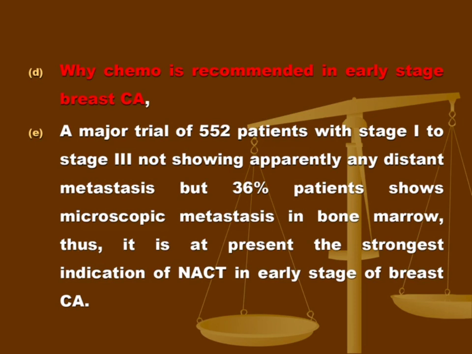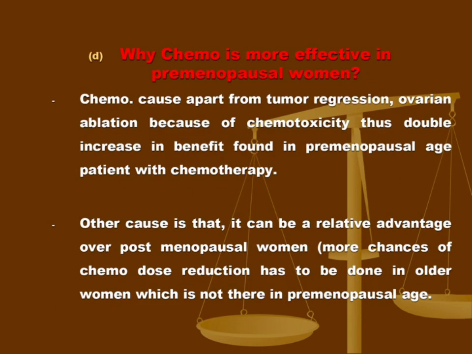The second advantage of pre-op chemotherapy is to assess the objective response to a type of chemotherapy regime, to see whether the patient is highly responsive. And chemotherapy increases the overall 5-year survival from 44% to 88%. So that is the advantage of neoadjuvant chemotherapy in early breast cancer.